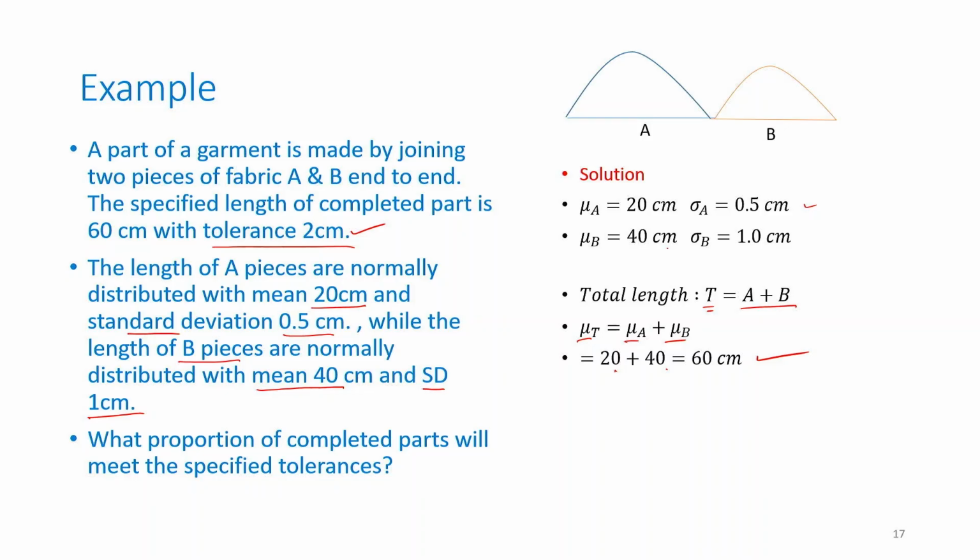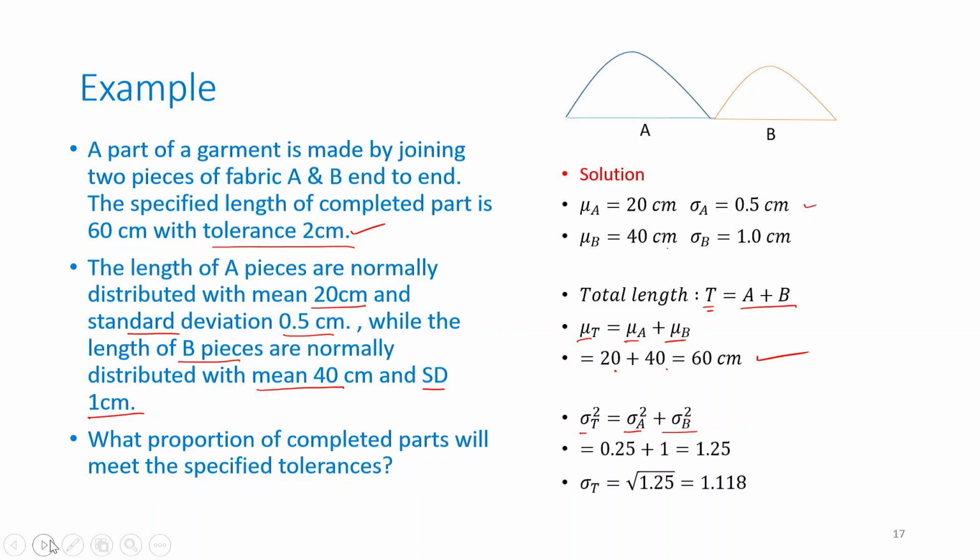It is the sum total of the individual mu values of the variables on the right hand side. And sigma squared T. This variability also we are interested to know. Here it is going to be sigma squared A plus sigma squared B. This also we have learned earlier.